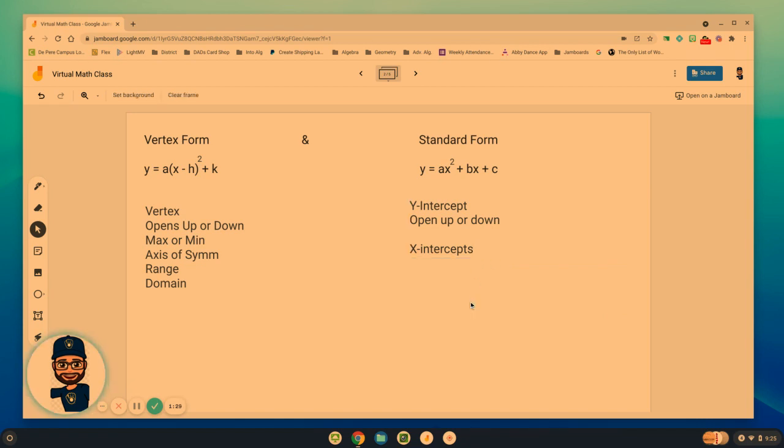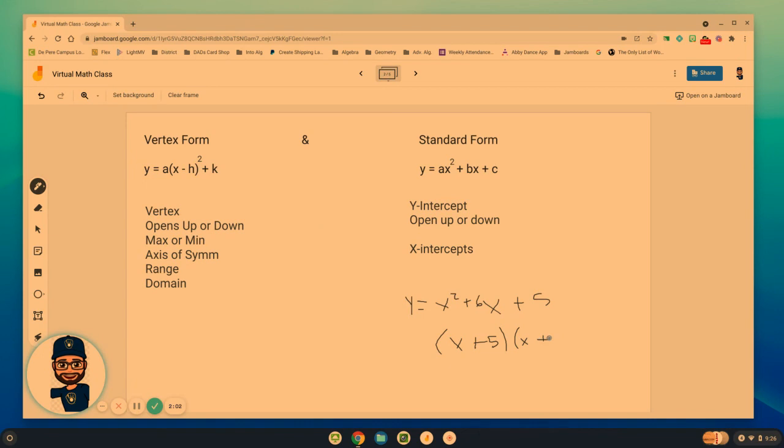But we're going to move into something called factored form, where maybe we take an equation that looks like this, x squared plus 6x plus 5, and we can break it into two factors, x plus 5 times x plus 1.